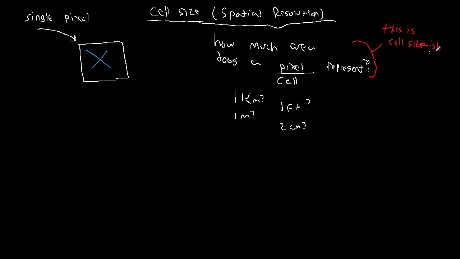And the reason I'm putting the ish here and underlining it is because it gives us an indication of how much area it represents. What cell size actually measures is the length from one edge of the pixel. This distance from here to here, this is the definition of cell size.